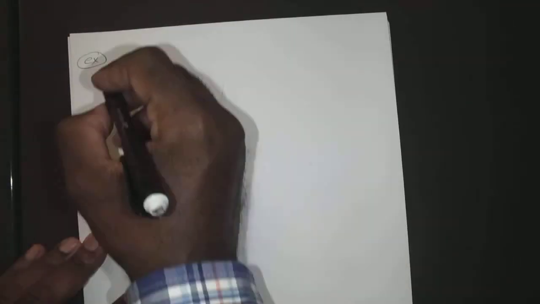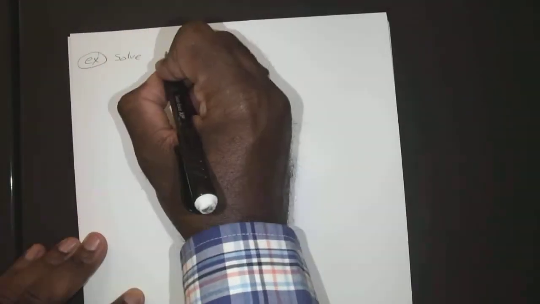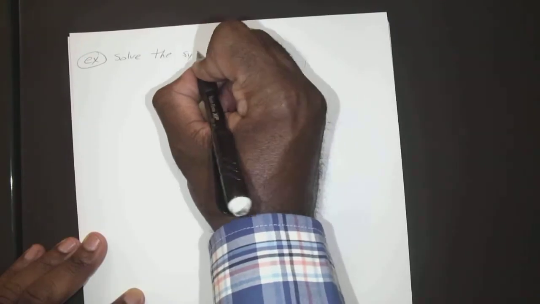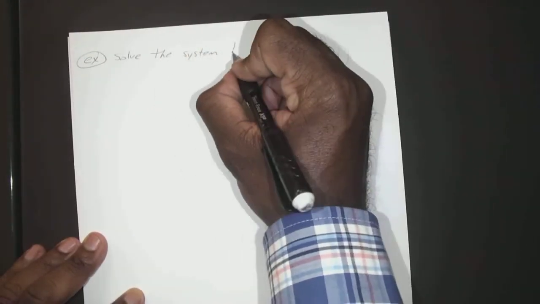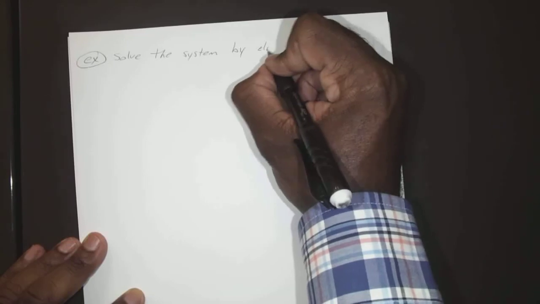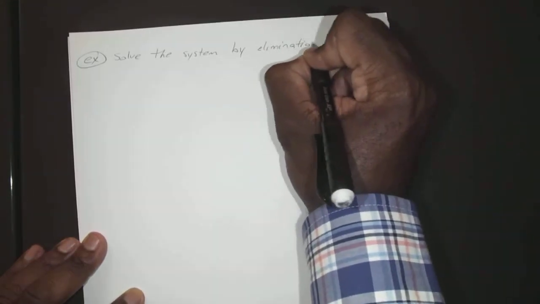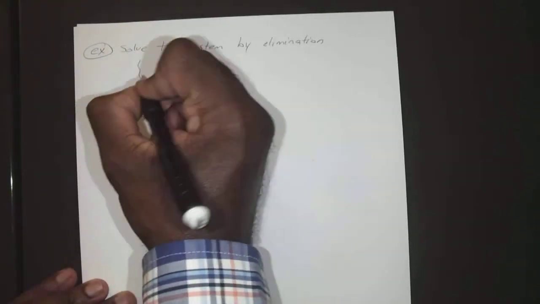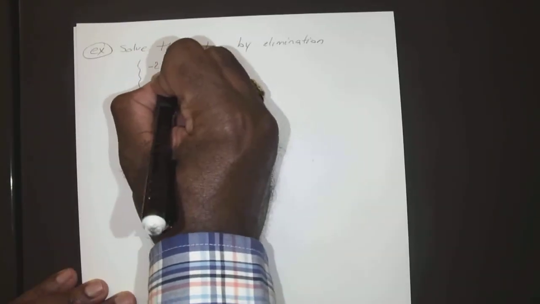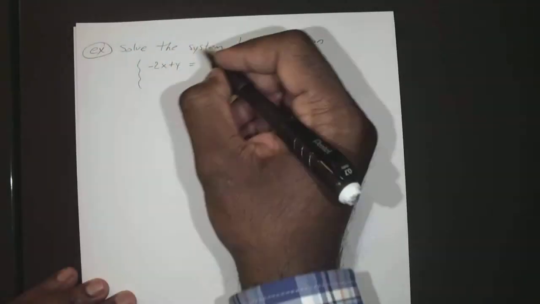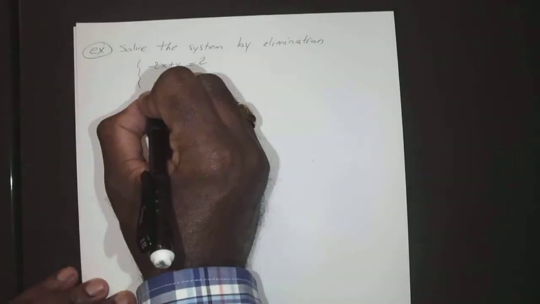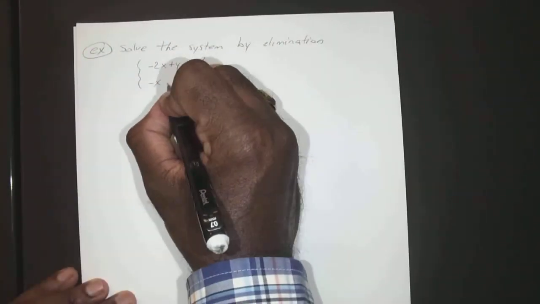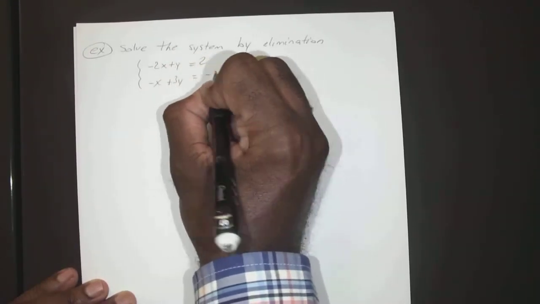Okay, so let's say, for example, you want to solve the system by elimination, and let's say that system is negative 2x plus y equals 2, and negative x plus 3y equals negative 4.